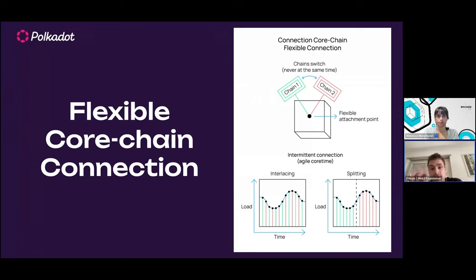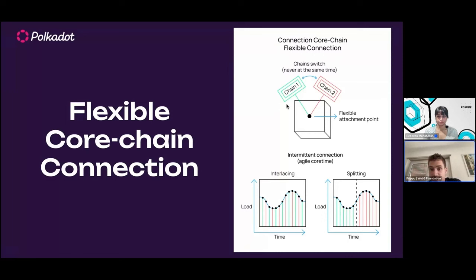And it creates some interesting possibilities here, because in this diagram you can see how we have now two chains that can connect to that core, but never at the same time. One possibility, for example, is that chain one maybe has access to that core, but realizes that it's too much computation. So we can interlace the core time of chain one with chain two.